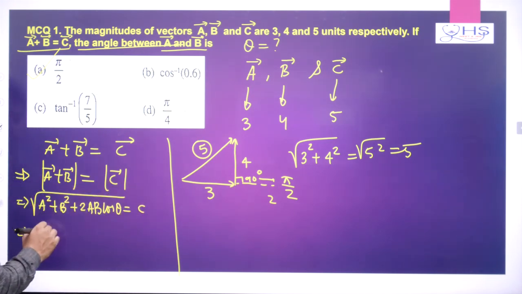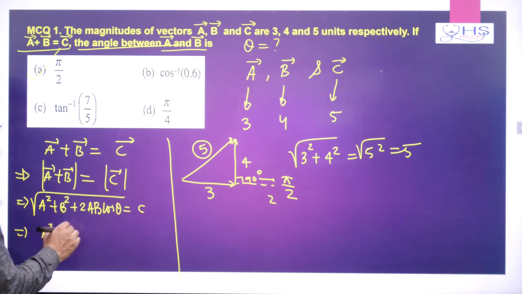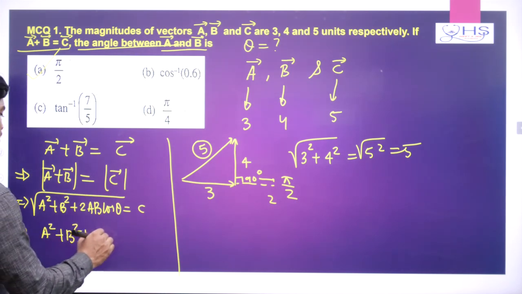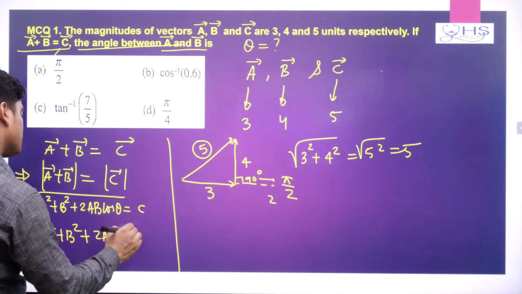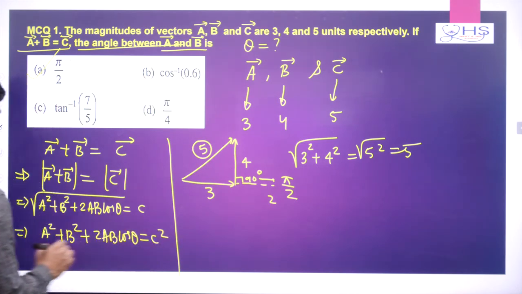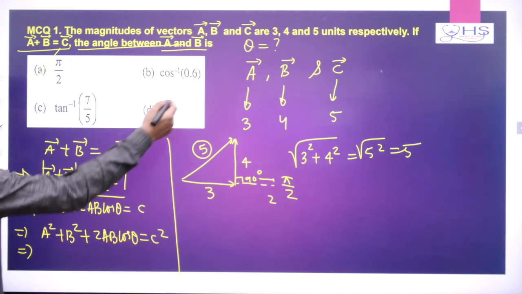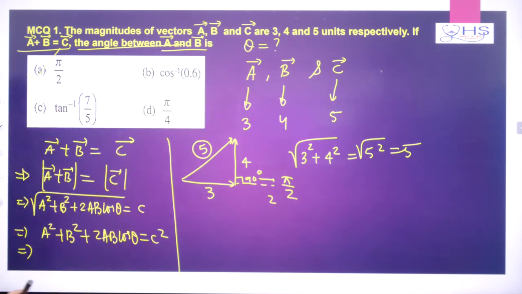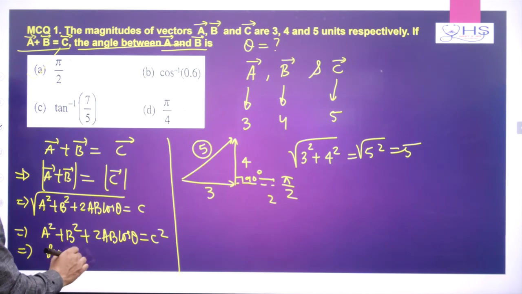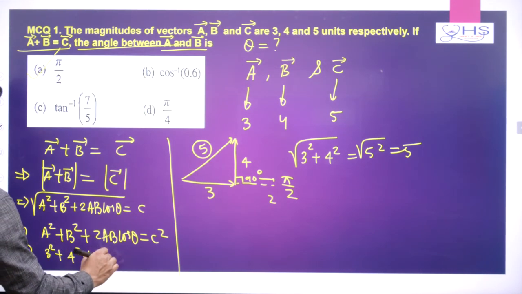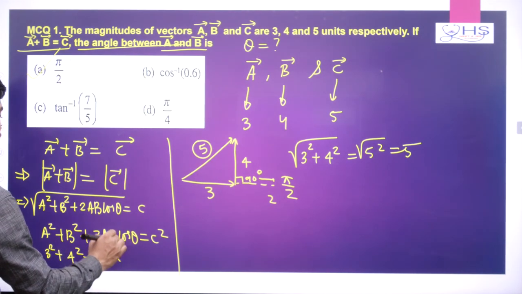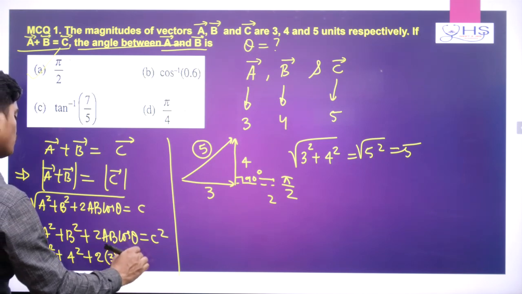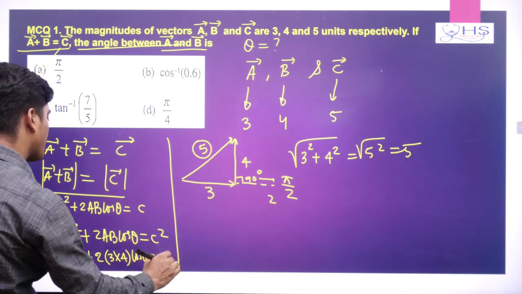Now square both sides, it will become a square plus b square plus 2ab cos theta equal to c square. Now a, b and c magnitudes are already given, so I can substitute here: 3 square plus 4 square plus 2 times 3 times 4 times cos theta equal to 5 square.